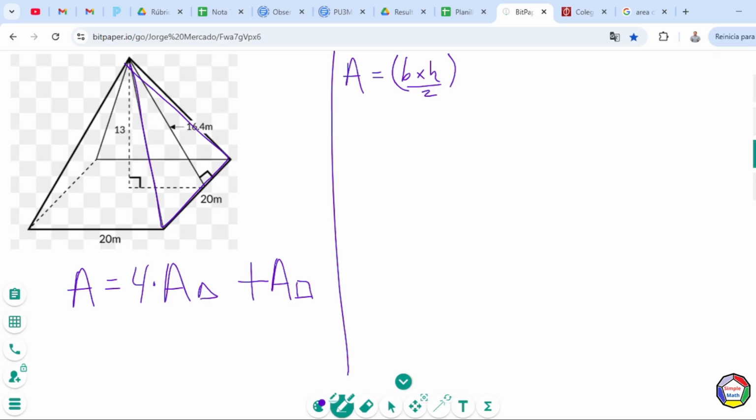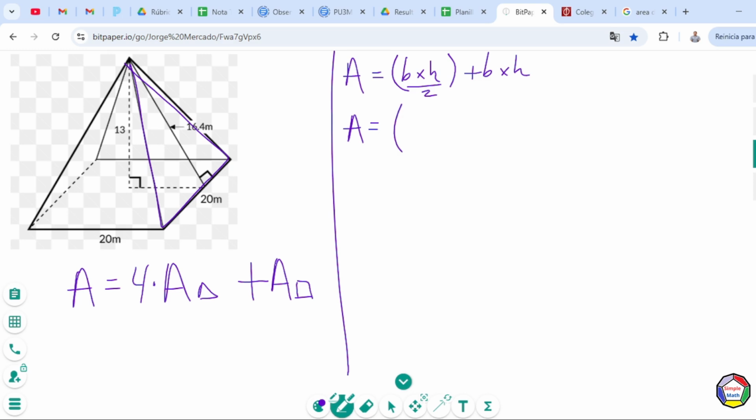And then we have to add the area of the square. What is the area of the square? The way we calculate the area of the square is base times height. So let's substitute values in the formula.